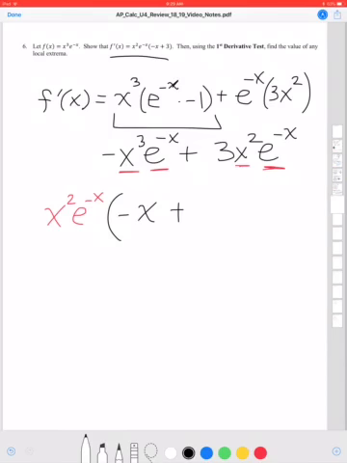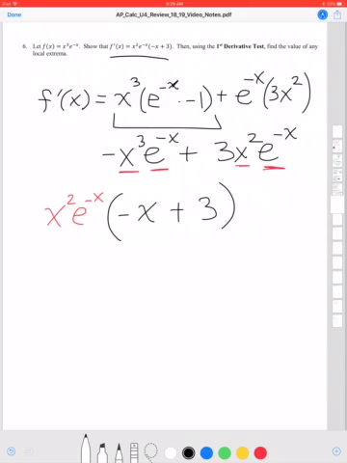And what do I have left? Well, I've got a negative x, and then I've got a 3. And, oh, voila, we did it. Alright, so there's my derivative.